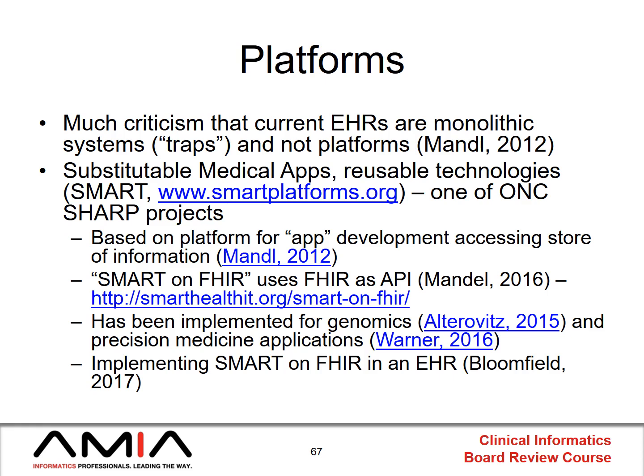There has been much innovation with SMART on FHIR. It's been used for genomics and precision medicine applications, and most of the major EHR vendors have supported some aspect of SMART on FHIR, and innovators can begin to implement apps using the SMART on FHIR process on top of commercial EHRs, the large traps that Mandel originally referred to.